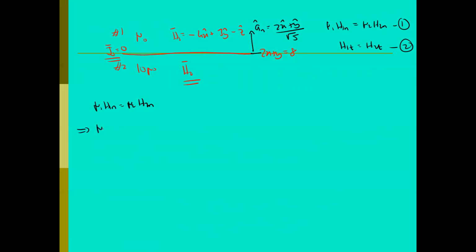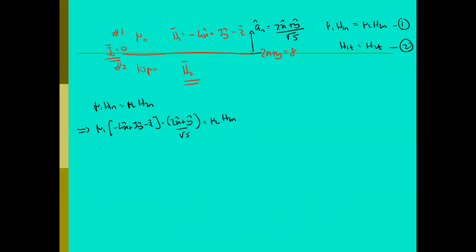From here, we're going to have mu1 H1n, where H1 is negative 4 of x plus 3 of y minus z, dot product with the normal unit vector, which is 2x plus y divided by square root of 5, and that should equal mu2 of H2n.